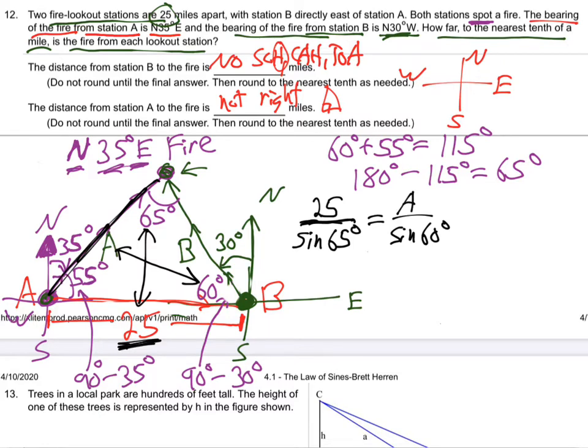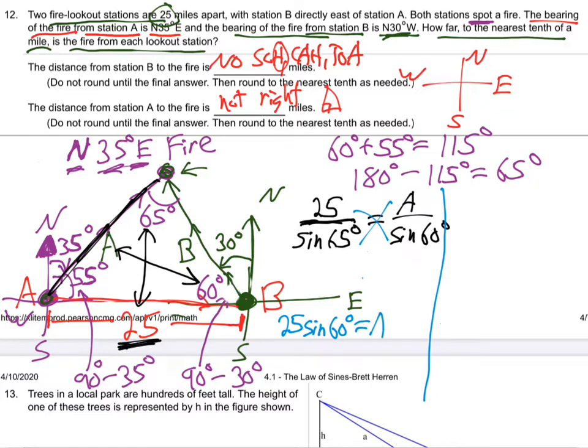So let me solve that equation now for A. You know what to do? Cross multiply, so 25 times the sine of 60 is A times the sine of 65. Let me bring it down here, trying to make sure I have room in a minute for the other one.